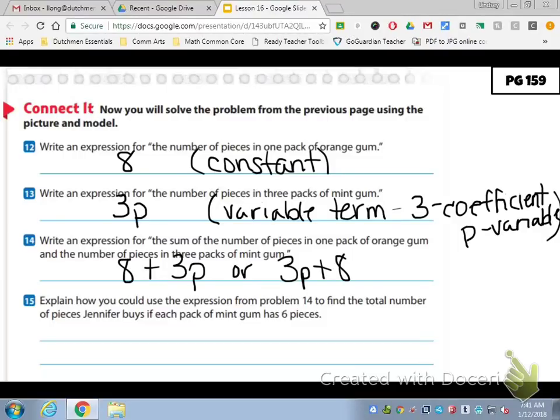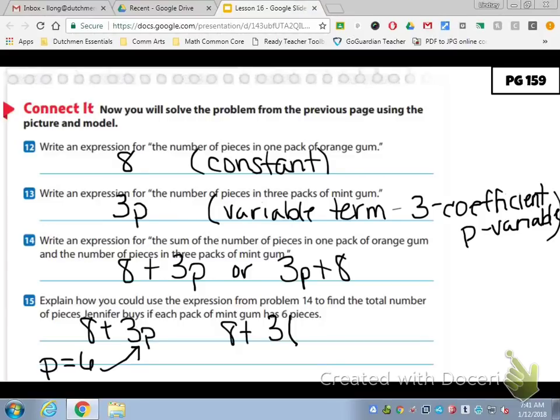15, explain how you could use the expression from problem 14 to find the total number of pieces Jennifer buys if each pack of mint gum has 6 pieces. Well, if I have 8 plus 3P, and I know that the pieces in the mint gum is 6, I can replace the P with the number. So I would do 8 plus 3, and then I'm going to put parentheses because when you have 2 numbers side by side, they look like it's just a whole number.